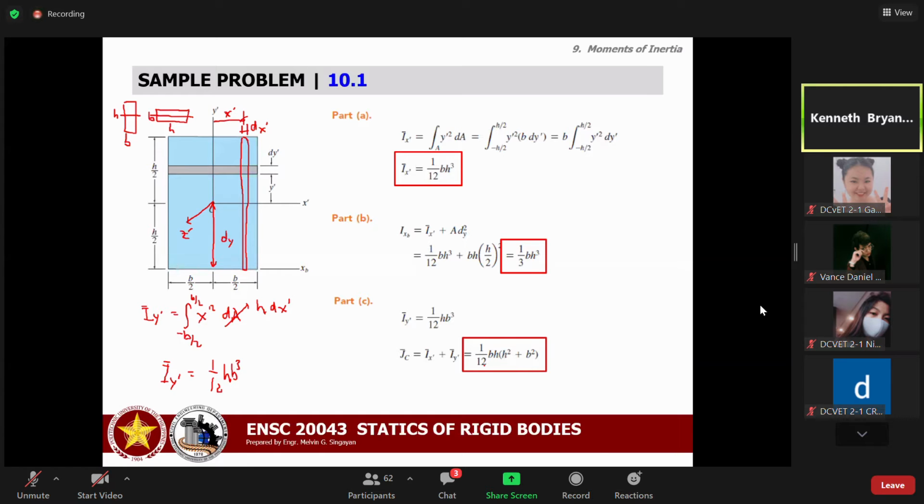This is just a simple idea of how moment of inertia works, one of the examples where moment of inertia is used. I have a question for you.